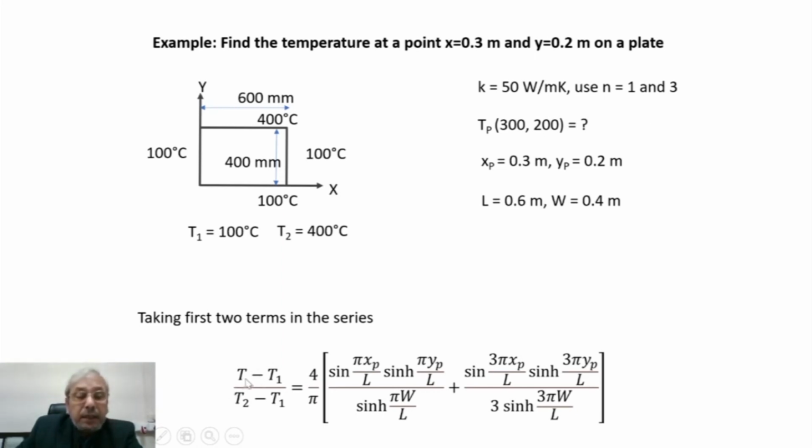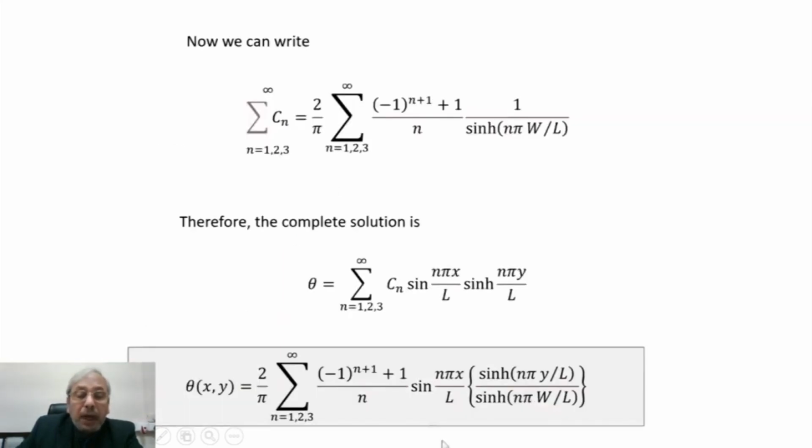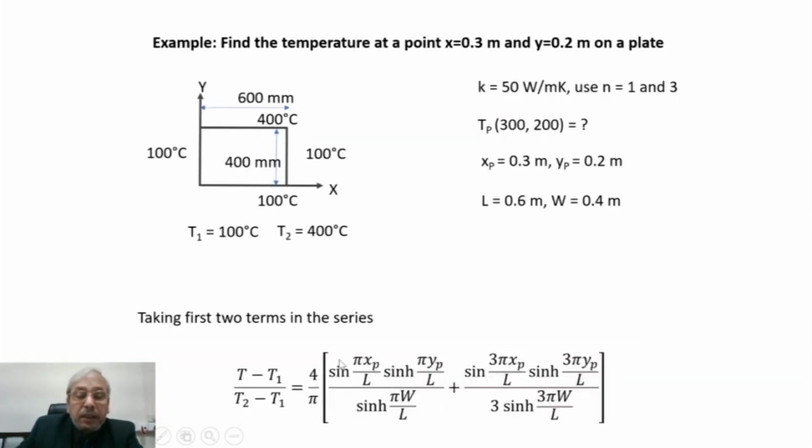So we can write (T minus T1) divided by (T2 minus T1), that is theta, equal to, now we can substitute n equal to 1, find out the expression, n equal to 3, find out the expression.